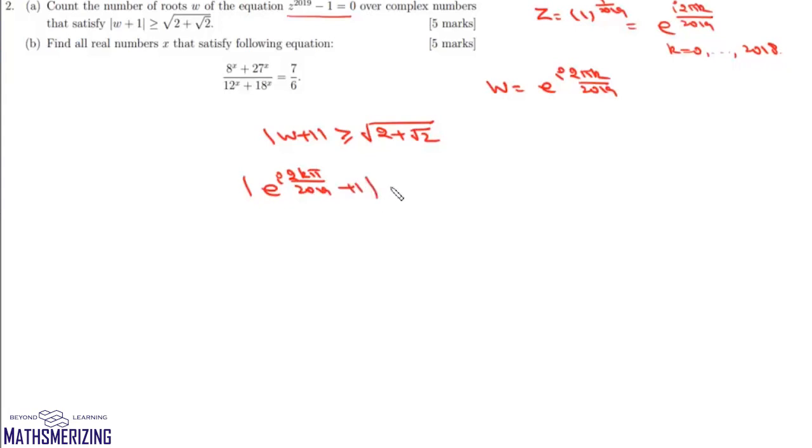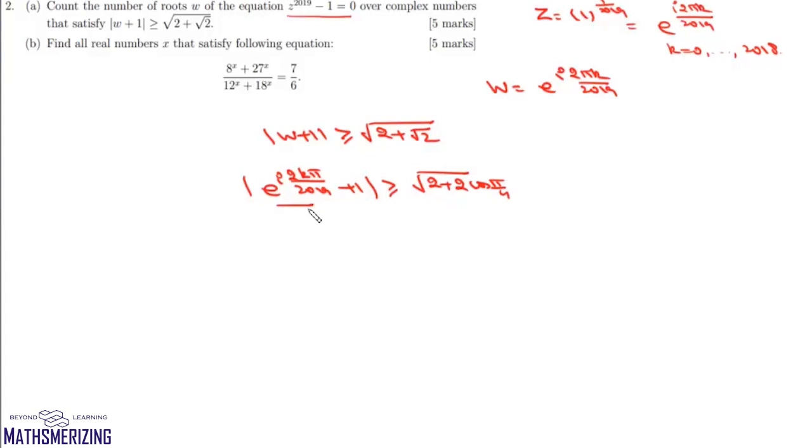So suppose we have this w which is e to the power iota 2 pi k upon 2019. Now it says mod of w plus 1 should be greater than or equal to root of 2 plus root 2. We can write this as mod of e to the power iota 2k pi upon 2019 plus 1, and it should be greater than or equal to, this is 2, and we can write root 2 as 2 cos pi by 4.